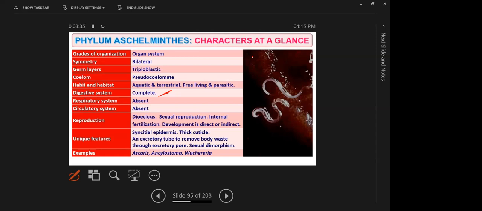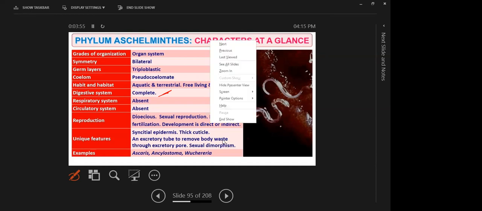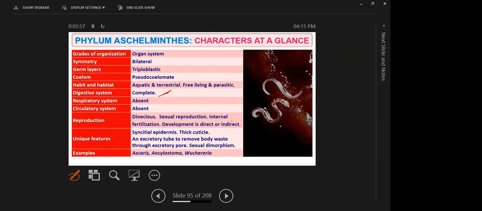Dioecious means having two bodies. Male is different and female is different. Internal fertilization means the male discharges the sperms into the female body. Development is direct, meaning some organisms directly develop into a worm which looks like an adult, while in some a larva is formed and then they look like an adult.